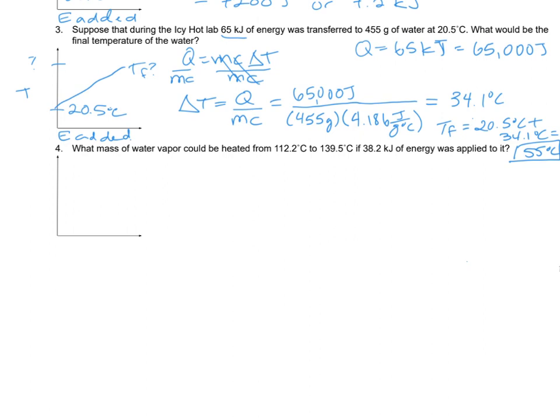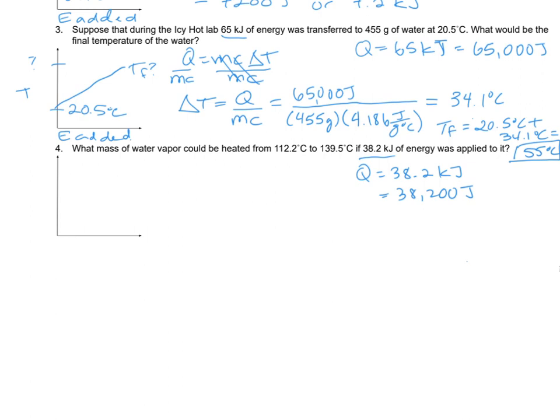All right, so the last one for this page is another one that solves not for Q. So what mass of water vapor could be heated from 112.2 degrees Celsius to 139.5 degrees Celsius if 38.2 kilojoules of energy was applied to it? So again, we were given Q this time, 38.2 kilojoules, which is 38,200 regular joules.